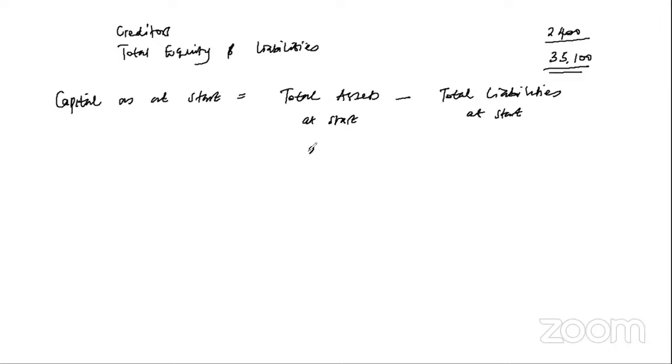Total assets, you have 35,100 pounds minus total liabilities, you have 2,400 for the creditors plus a loan of 5,000. When you get this minus this, of course, you come up with your capital of 24,100. So that is Duncan's capital as at 1st January 2008.